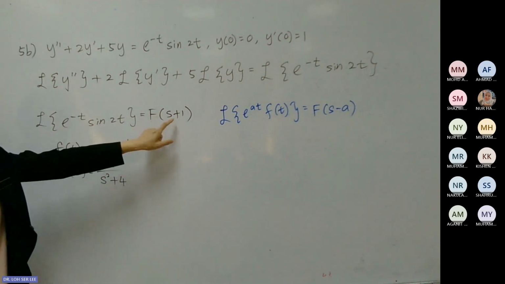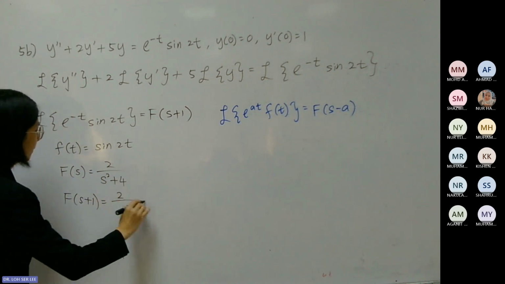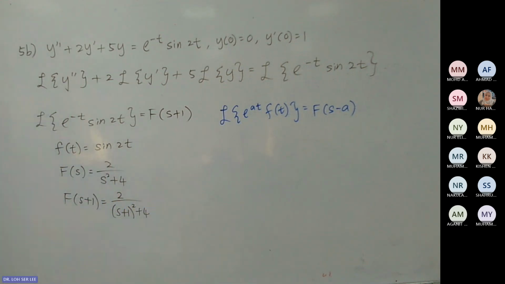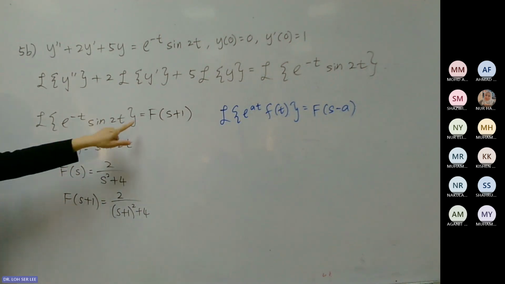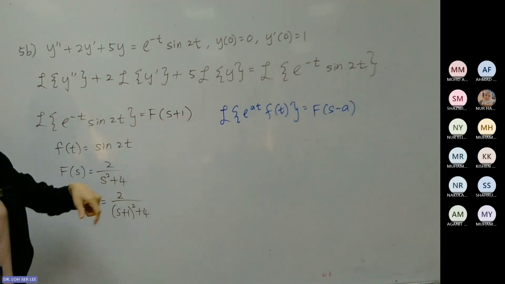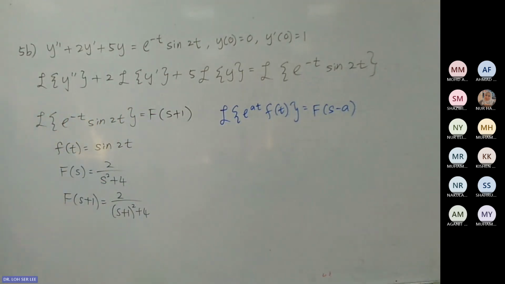How do we get the F(s)? Laplace. Why do we want to find this? Because we want this. We always refer to the formula. We want this, and this comes from here.